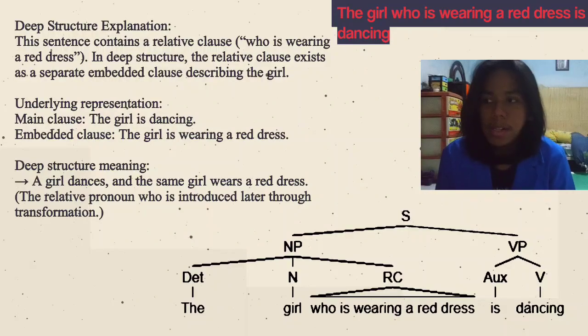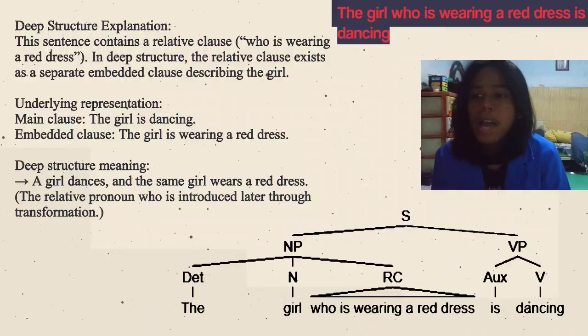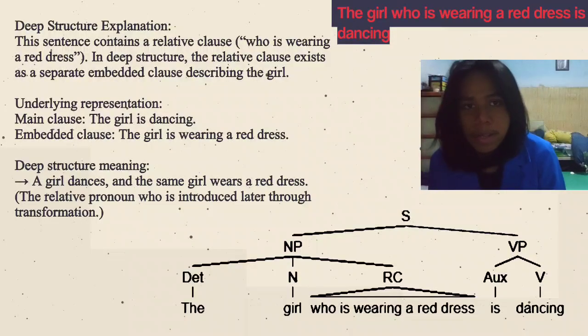And here's the underlying representation. The main clause: the girl is dancing, and the embedded clause: the girl is wearing a red dress. For the deep structure's meaning, a girl dances and the same girl wears a red dress. The relative pronoun who is introduced later through transformation.